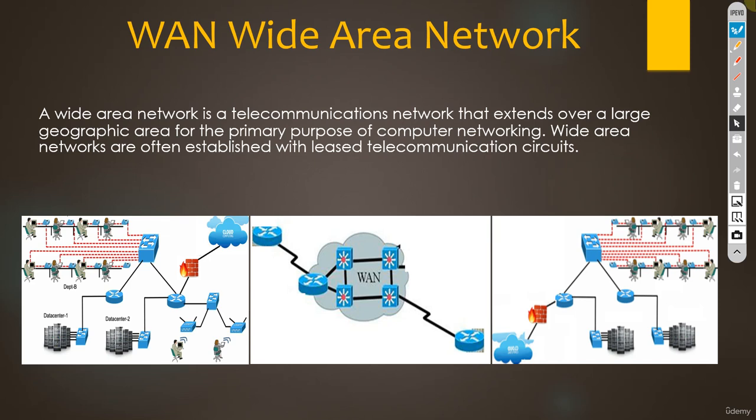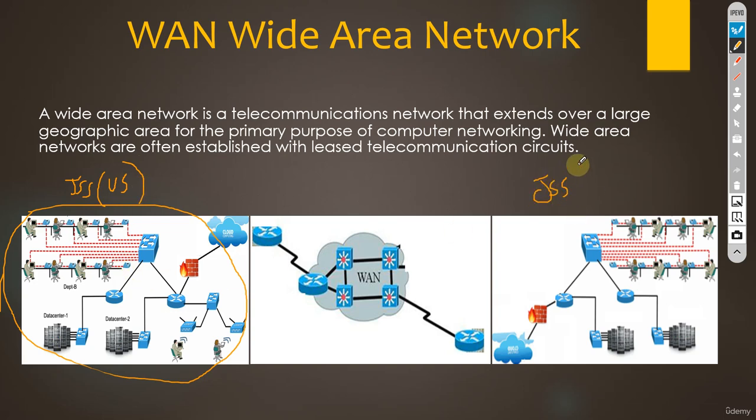For example, let's take an example here. This is the enterprise network. Let's say this is Job Skill Share organization in United States. Then we have another one, Job Skill Share in Pakistan.